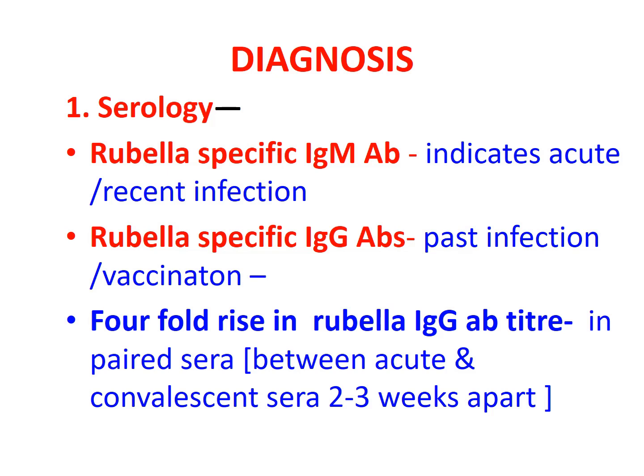But if you get a 4-fold rise in the rubella IgG antibody titer in paired sera, that means you take one sample in the acute phase and another in the convalescent phase, 2 to 3 weeks apart, and during this time the titer of the IgG antibody rises by 4-fold, this is more diagnostic for rubella.